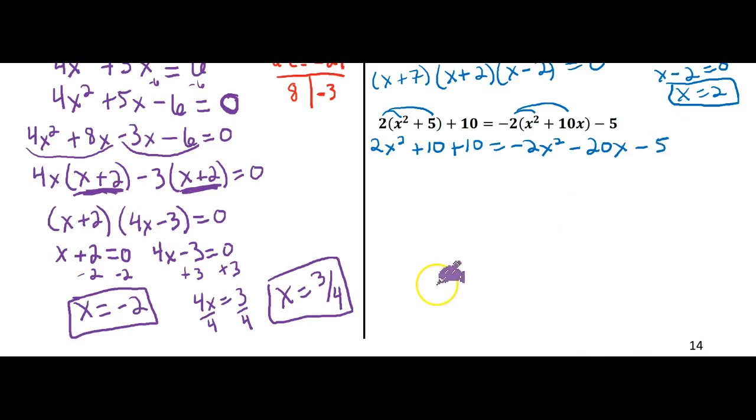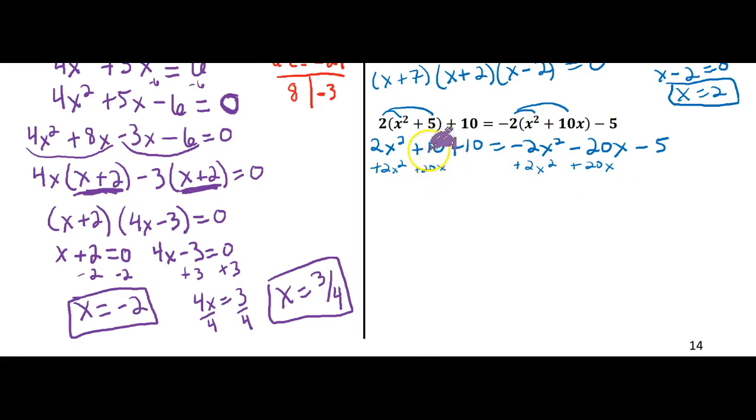That was already there. In general, we want to keep our highest degree positive, so I'm going to move everything over to the left, because this x squared is already positive over there. So I'm going to add 2x squared to both sides. I'm going to add 20x to both sides. I'm not adding it to this 10.